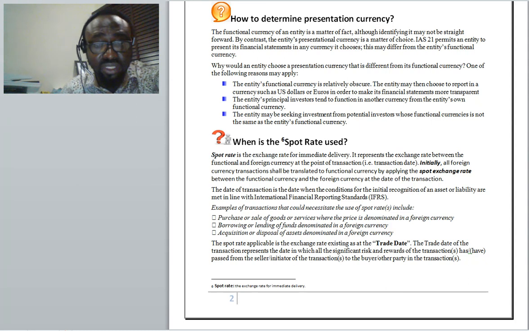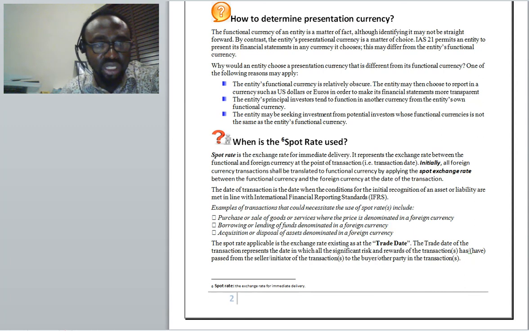Examples of transactions that could necessitate the use of spot rates include purchase or sale of goods or services where the price is denominated in foreign currency; a situation where companies have to borrow or lend out money in a currency that is different from their own functional currency; and a situation where foreign acquisitions are made, that is buying assets or an investment or acquiring a company which will become a subsidiary, in a currency other than the functional currency of the parent.